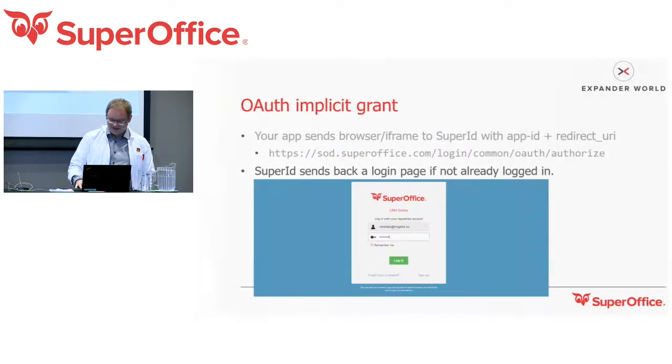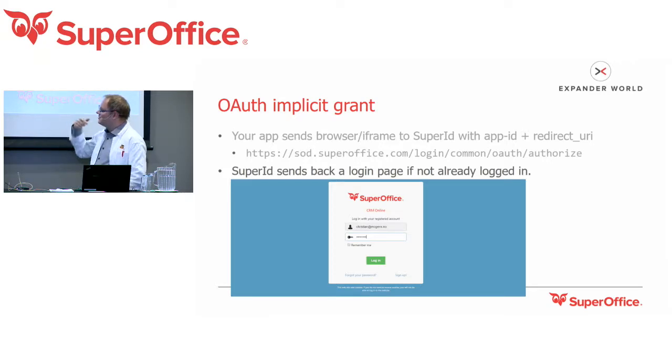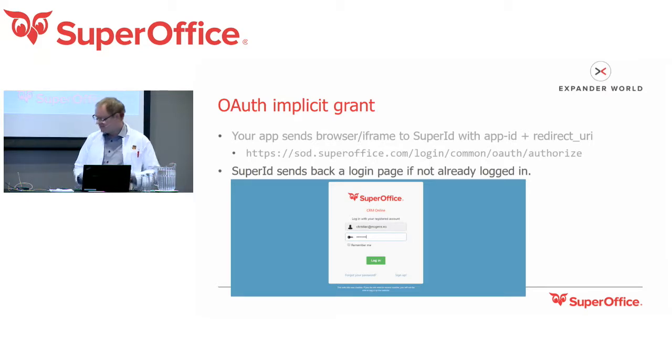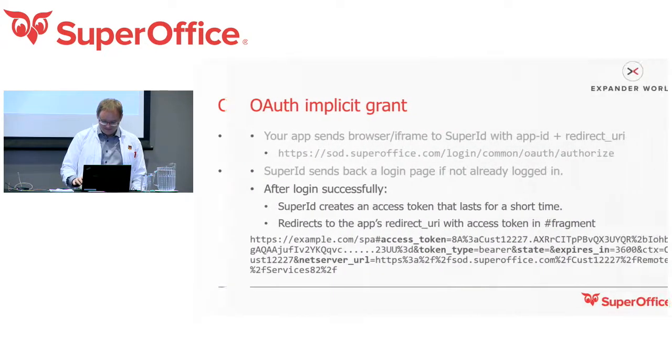Having provided all that information, the browser will either show a login page or redirect back. If you're already logged in, we'll send you back without any further ado. But if you're not logged in, up comes a login page that the user has to deal with, and once they're authenticated, we can send you back an access token.